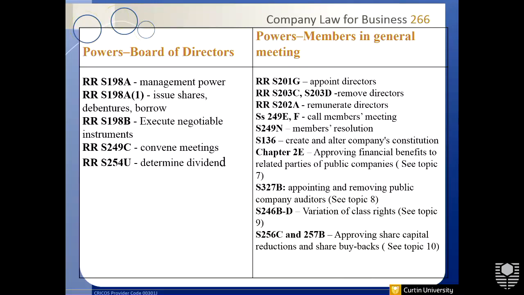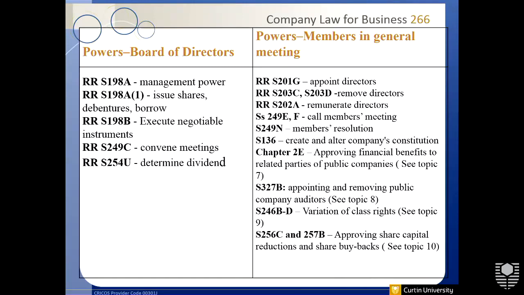Now, when you look at the powers of members in general meeting, they can appoint directors, they can also remove directors, but there is a difference between sections 203C and 203D. In relation to 203C, this is a proprietary company.